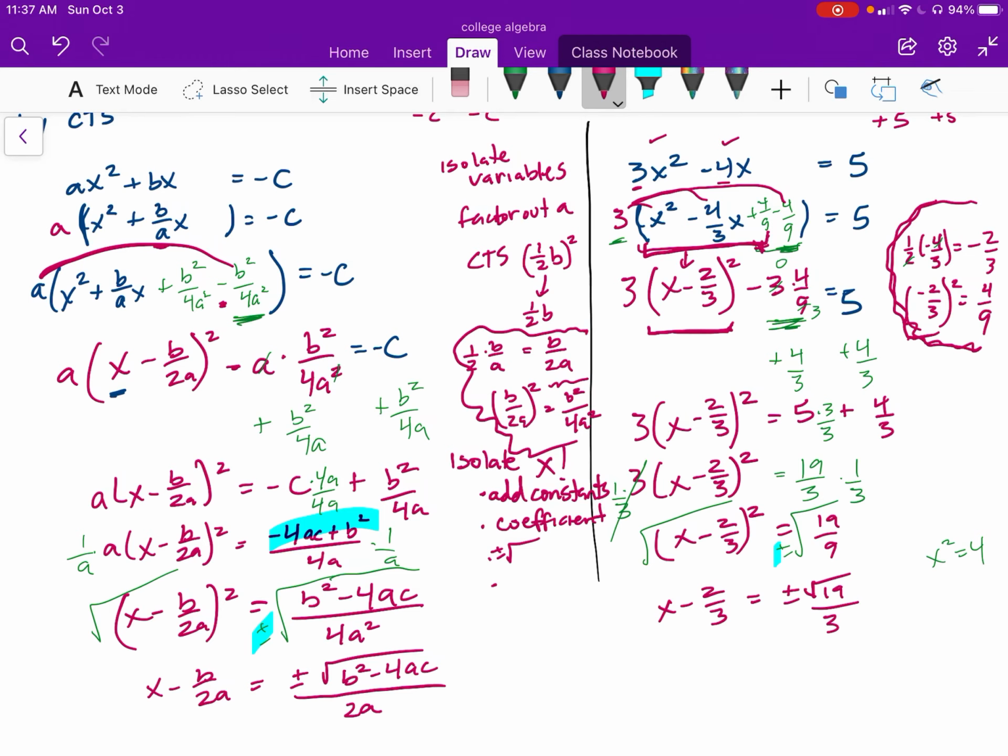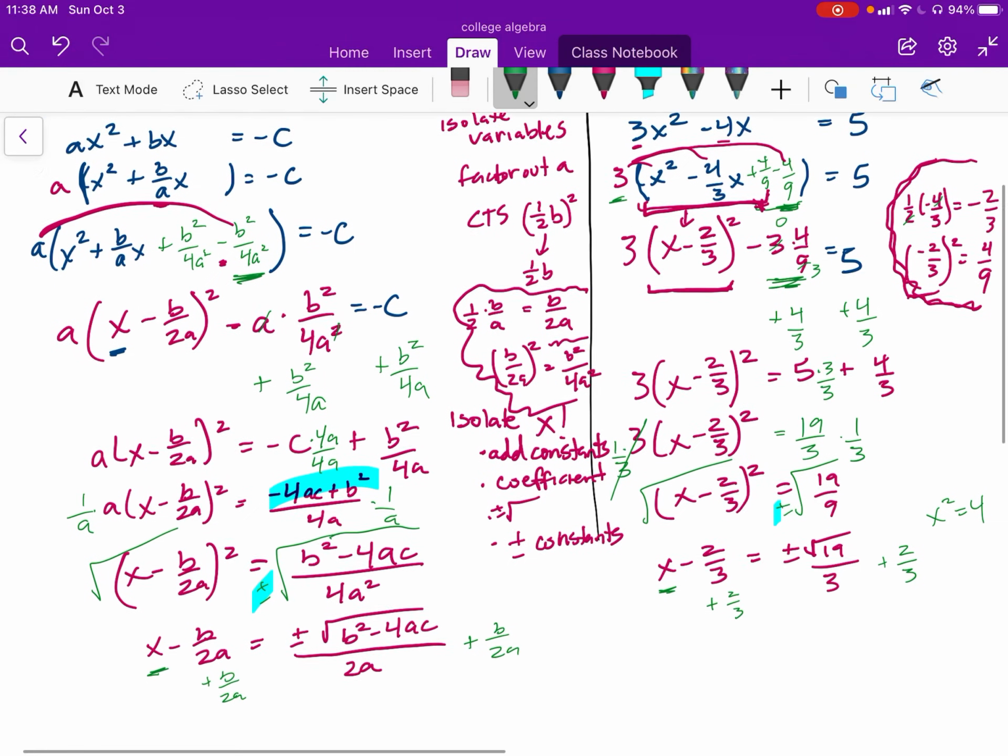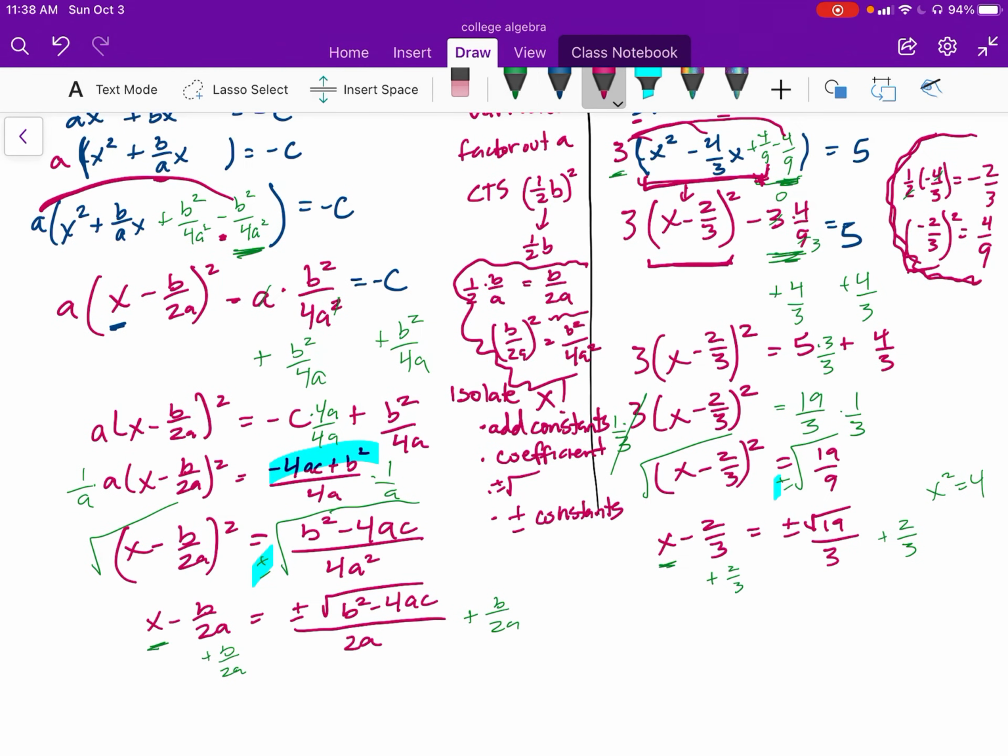So again, we just add or subtract whatever other constants you have to isolate your x, right? We're trying to get x by itself. So here, add 2/3. Here, we need to add b over 2a. And we are done, because just look at the left-hand side. We already have an LCD, right? 2a.